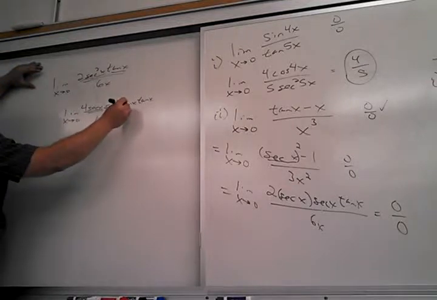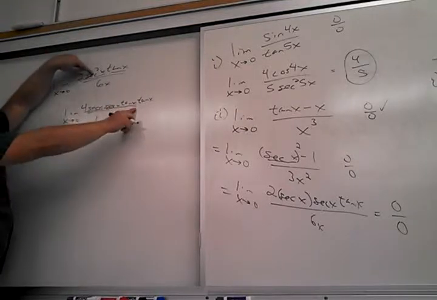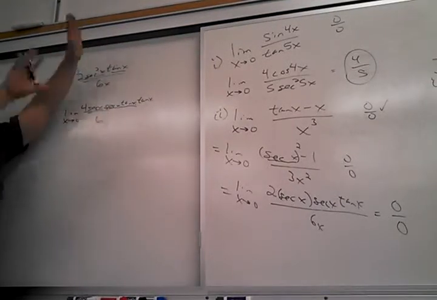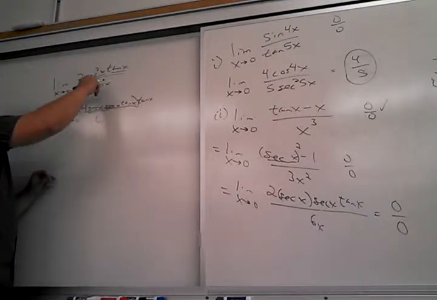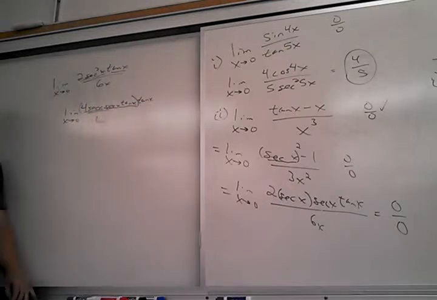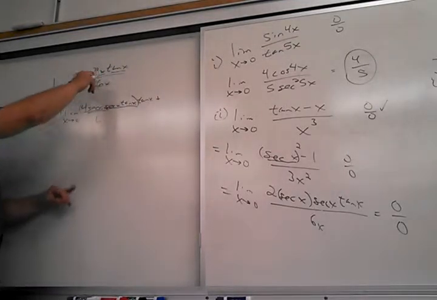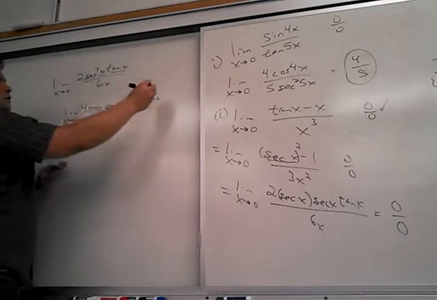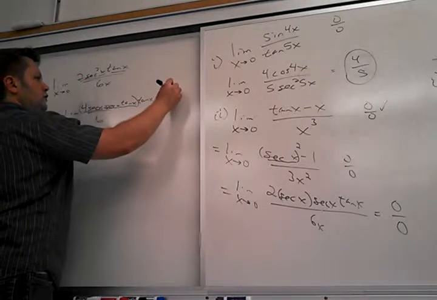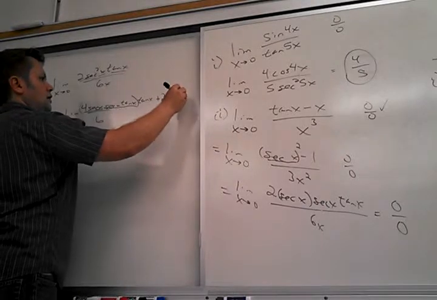This is the inside of this. That's secant getting its turn. And this is the tangent that I'm leaving alone. That's the product rule, right? So this is the derivative of the first part times the second part, plus the first part times the derivative of the second part. What's the derivative of tangent? Secant squared. So I get 2 secant to the 4th x.